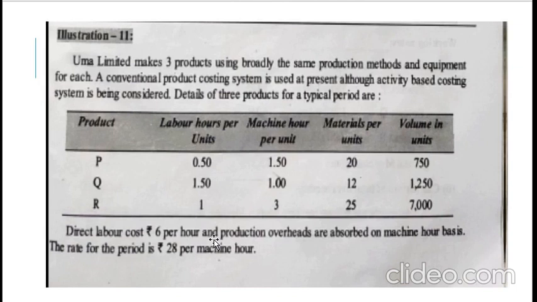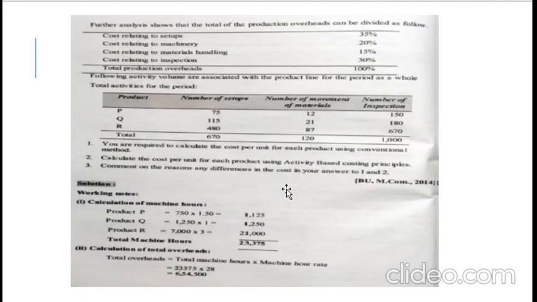Then 1250 units into 1 will give you 1250. Next, 7000 into 3 will give you 21,000. So the total will give you 23,375, which is your total machine hours.